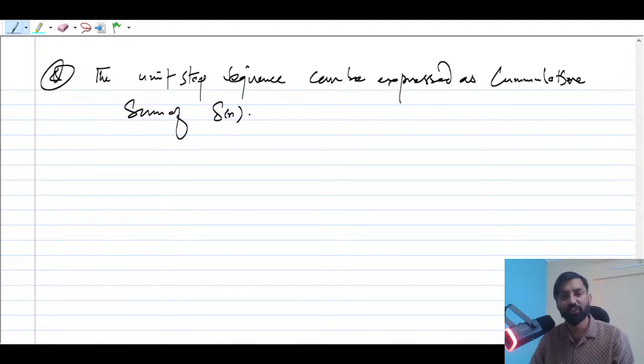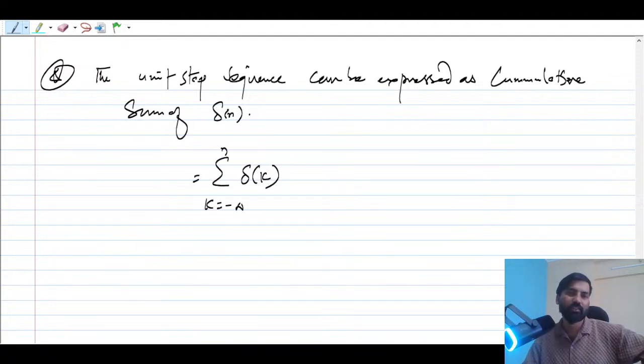What is the meaning of cumulative? Cumulative means you have to add from minus infinity to the current time instant. So you can see that your delta of k is there, you are summing over k from minus infinity to n, and this gives you u of n.